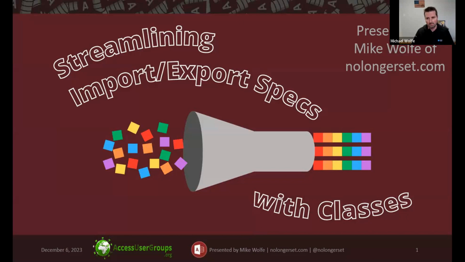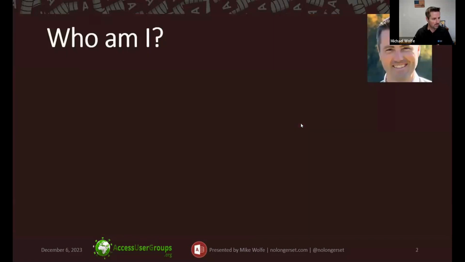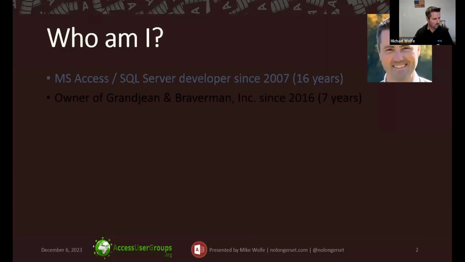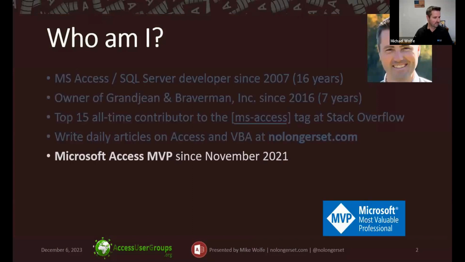All right. So as Colin said, I'm Mike Wolfe. For those of you that don't know me, I've been an Access MVP for a couple of years. So about 2 years now, I've been an Access MVP. I've also been a SQL Server / Access developer for about 16 years.